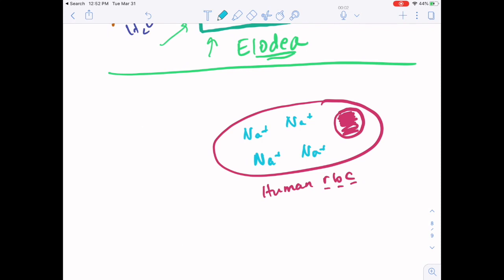Now let's say we put this red blood cell into an environment where it's just pure water. No sodium at all. Just water outside the cell. Oh, and remember, there is water still inside the cell, in the cytoplasm, but no sodium out here. Yep, I gotta do that in the sodium color that I've been using here.